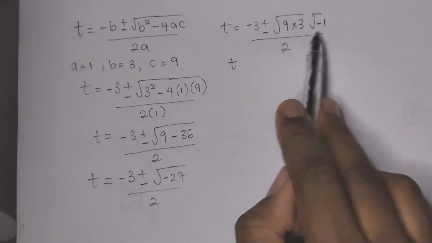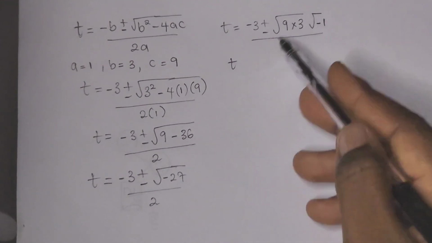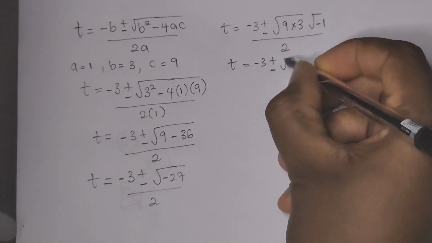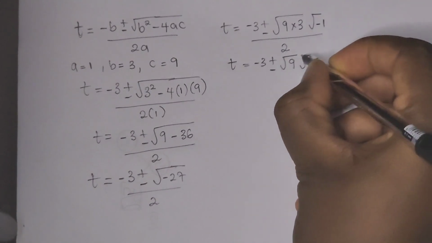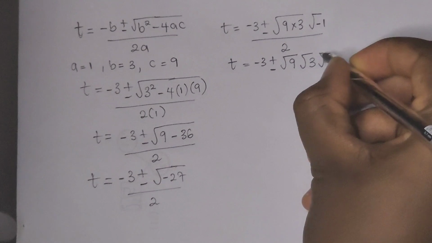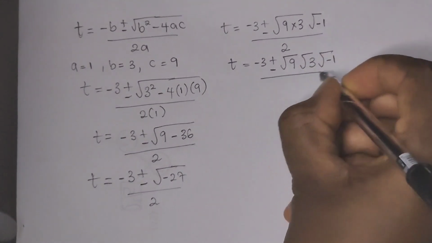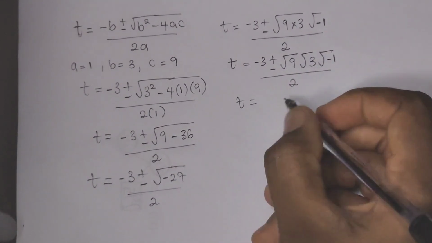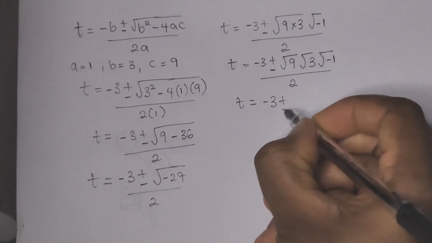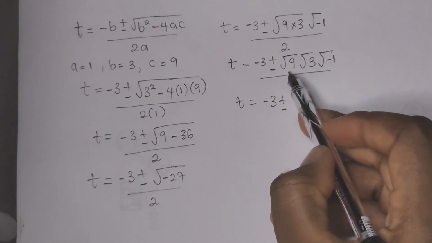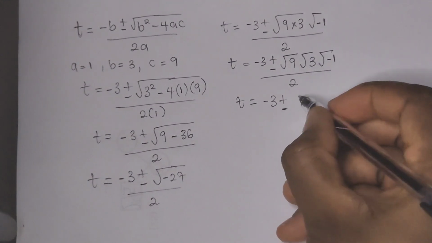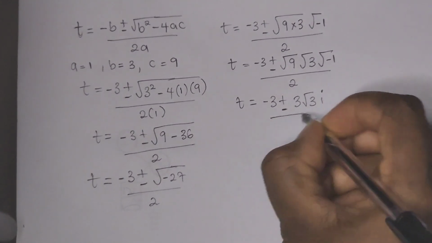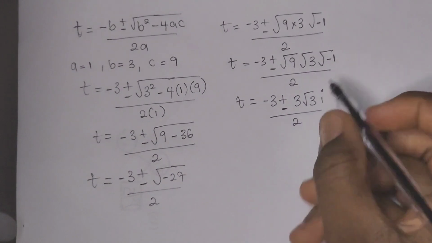So t is now equal to minus 3 plus or minus square root of 9, square root of 3, square root of minus 1, all over 2. The square root of 9 is 3. So we now have 3 root 3i over 2.